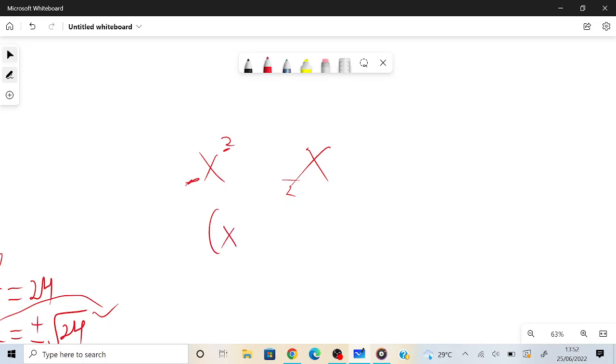This becomes x minus whatever gets divided over here. Say y gets divided by 2, this becomes plus y over 2, and then you would square it, and always remember minus the y over 2 squared, whatever your y is after dividing it by 2.